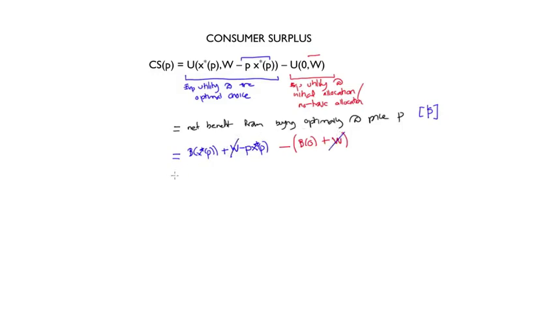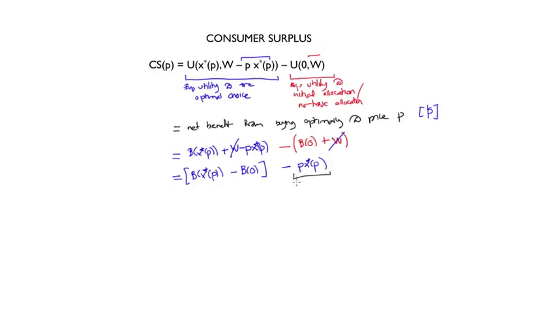And now we can rearrange this as follows, which is B of X star of P minus B of 0, I'm going to call that one term, minus P X star of P. Notice that this has a very nice intuition for understanding why this is the net benefit from making the optimal choice.